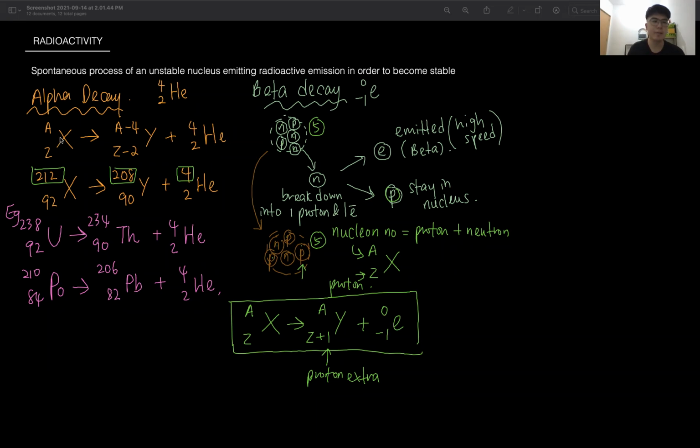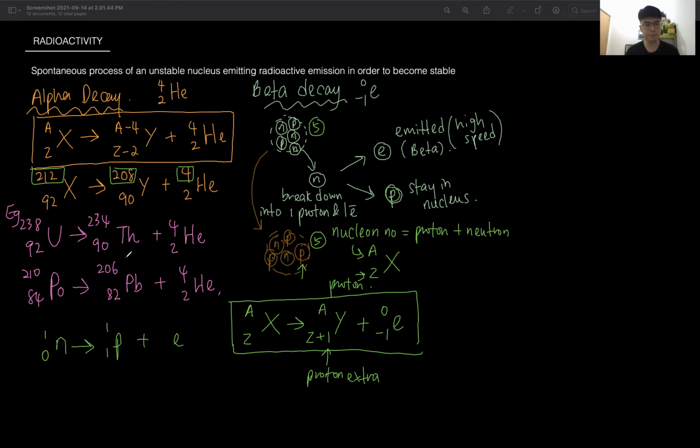Now the beta actually has two equations. This is the overall one. We have another equation for inside the nucleus, the breakdown of the neutron. We can write it as neutron, which is 1 0. The nucleon number is 1, but the proton number is 0. So 1 0, we draw an arrow, and write proton plus electron.